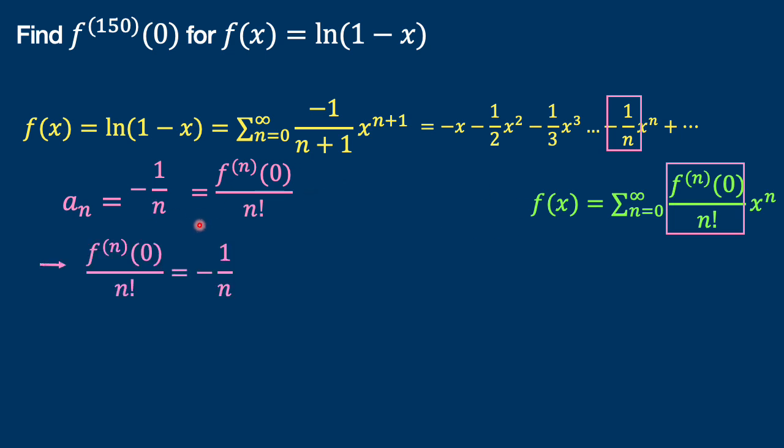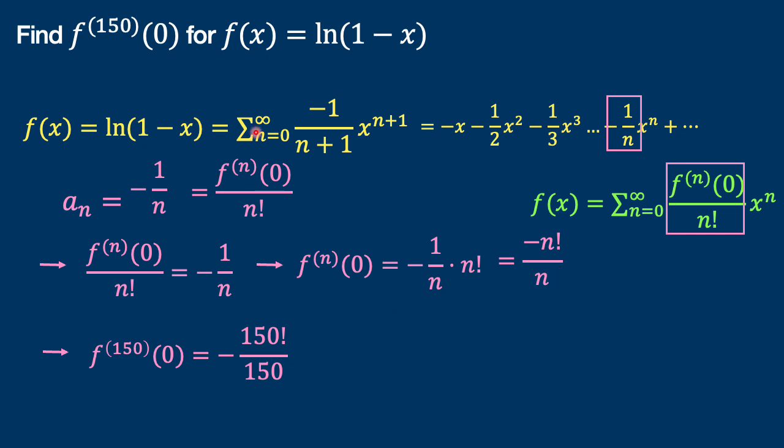So from here, f^(n)(0) over n factorial equals negative 1 over n. So f^(n)(0) is going to be negative 1 over n times n factorial, which means negative n factorial over n.